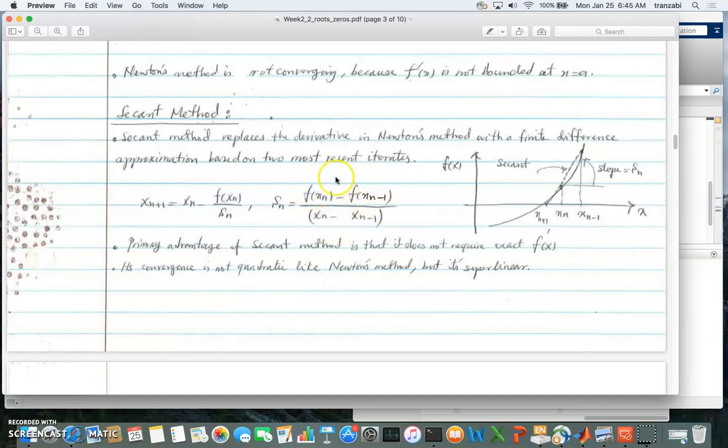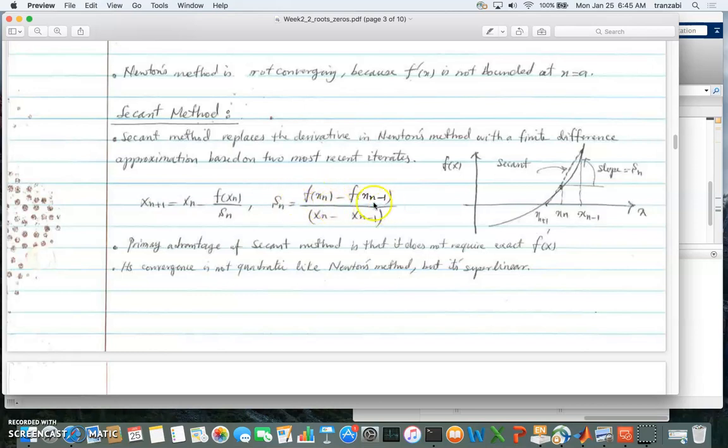This is pretty much like the slope of a tangent, or an approximation to the slope at point x_n. You can think of these two points, connect them by a line, and find the slope of this line, which is going to be this ratio. We assume this is pretty much like the slope of the tangent at either of the points.